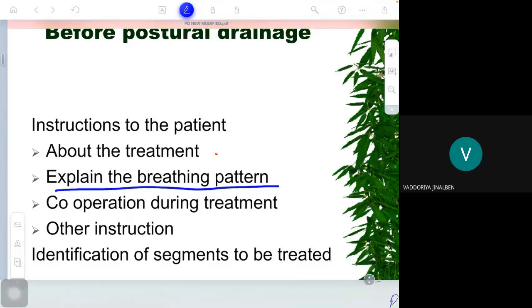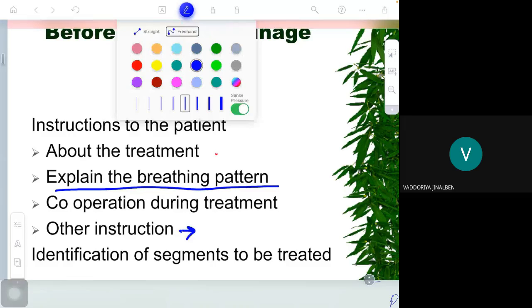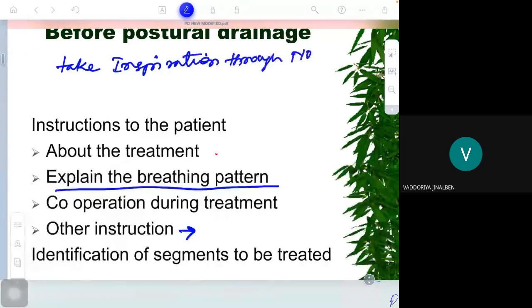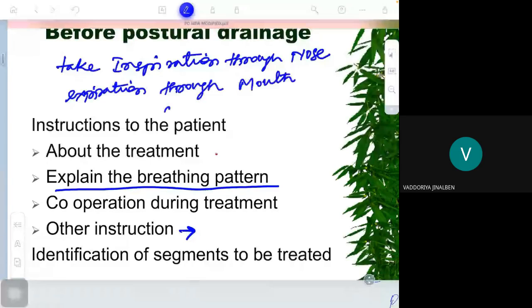You will give instruction to the patient to take inspiration through the nose and expiration through the mouth with a whistling sound.